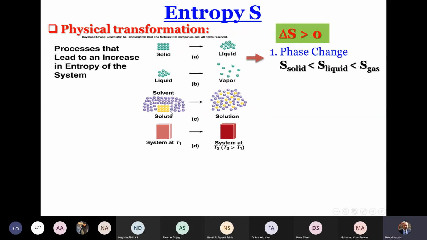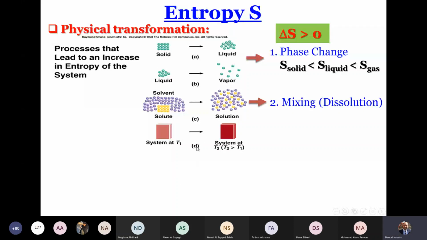Before the dissolution, the particles of the solute and of the solvent are well organized. After, we have particles of solute between the particles of the solvent, so the organization decreases, the order decreases, or the disorder increases. So S of the solution is greater than S of the solute plus solvent, so delta S of the dissolution, of the mixing, is positive.